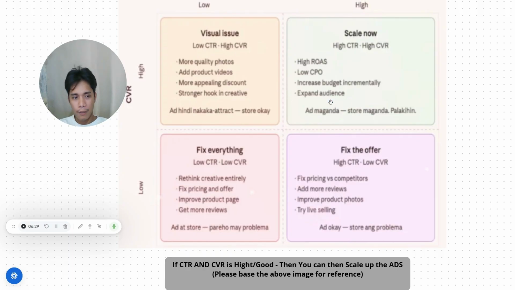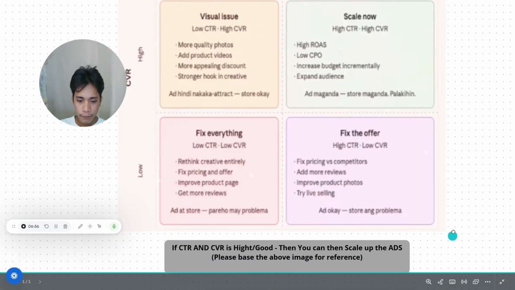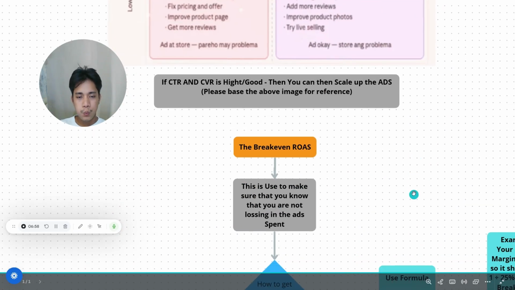Say for example, 500 pesos for the first ad, and then after 5 days, if it has high CTR and CVR, then you can scale. You just have to add to your budget on your ad. That's how you're going to do it gradually. You just have to experiment first to make sure that you won't burn your ad budget.